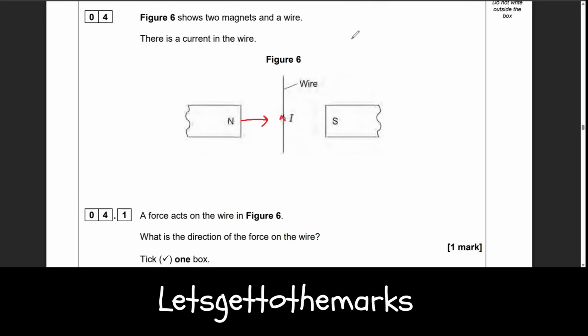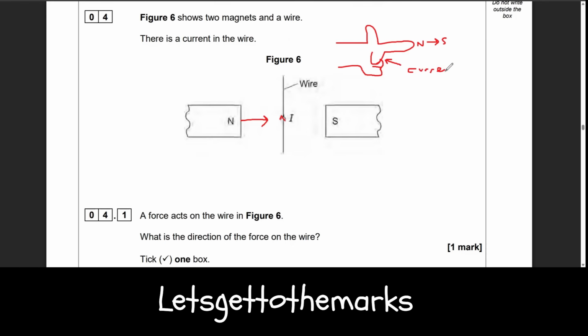What we have to do here is use our left-hand rule. And this is the left-hand rule. Sometimes they ask you to explain how to use it for like 3 or 4 marks. It's actually easier because you just have to name what each finger is. Your thumb is movement. We're interested here in where our thumb points. That's going to give us our answer. This is magnetic field, so north to south. Line up that finger with north to south, just like that. And your second finger here is current.